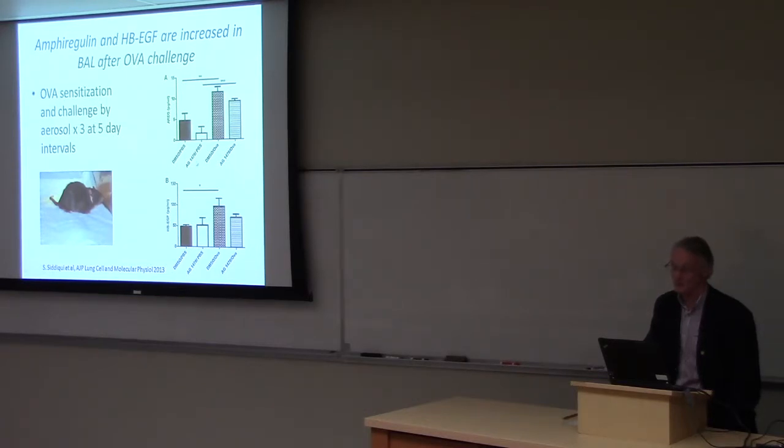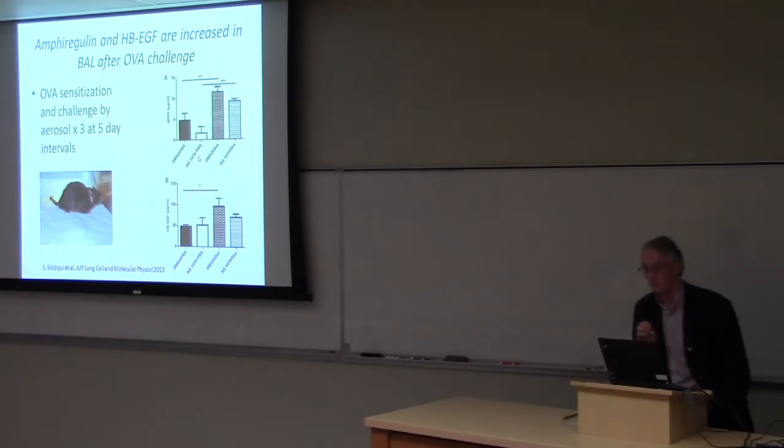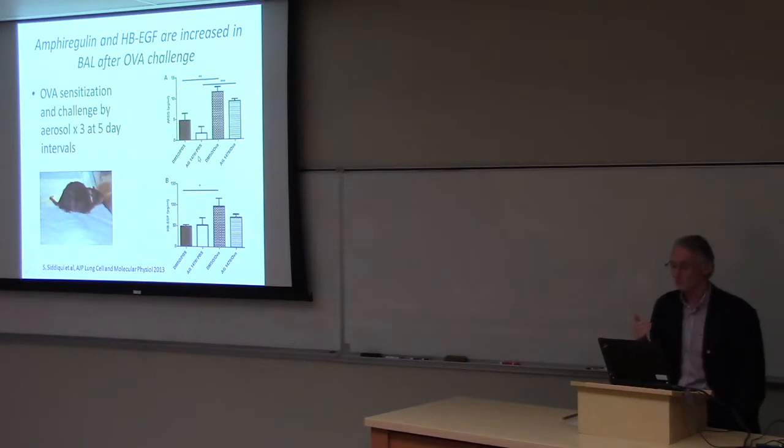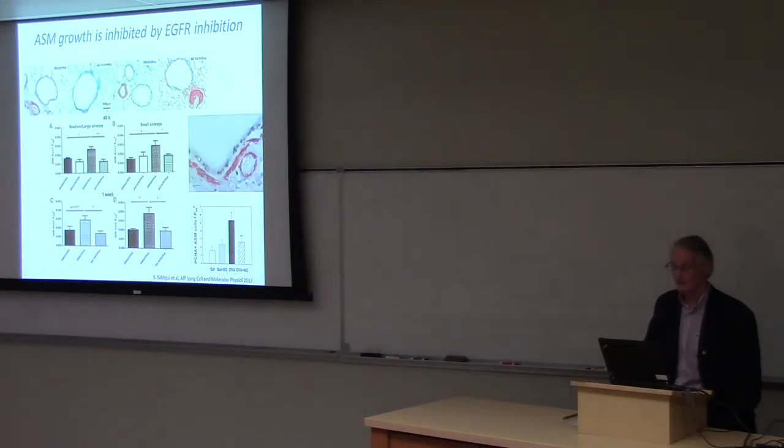The drug mentioned here, AG-1478, is a drug that will inhibit the epidermal growth factor receptor. So we were also interested in knowing what would happen to the growth of airway smooth muscle if we were to inhibit this particular pathway that these ligands would cause growth through. And so these are some pictures here again showing you airways. You can see the red staining is actually muscle in the airways.